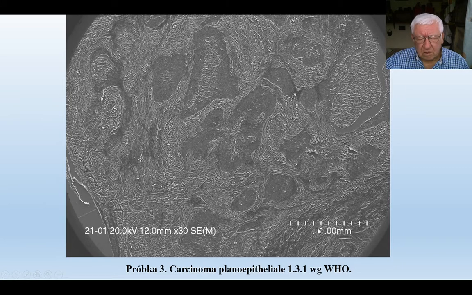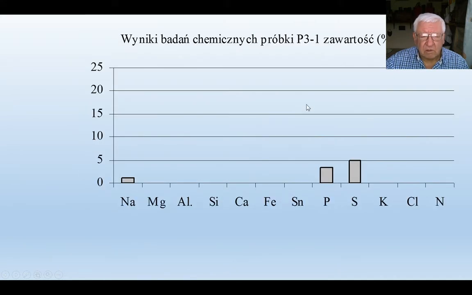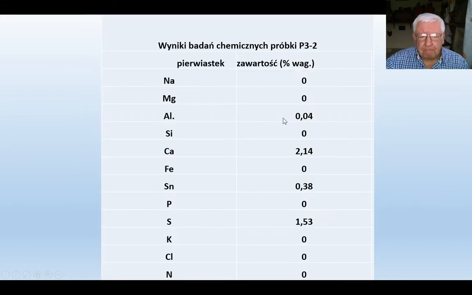This is 1 millimeter, so it is not necessary to obtain very big magnifications. Phosphorus and sulfur are very small, in weight percent, 1.1, yes, very low amount.